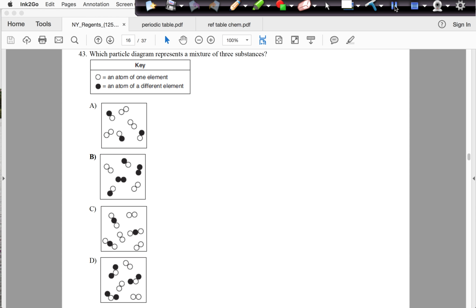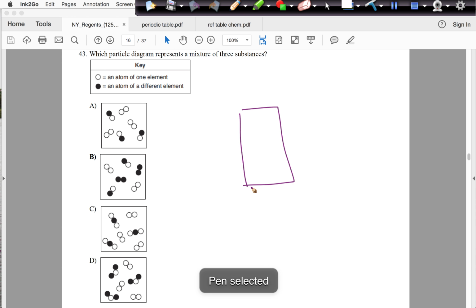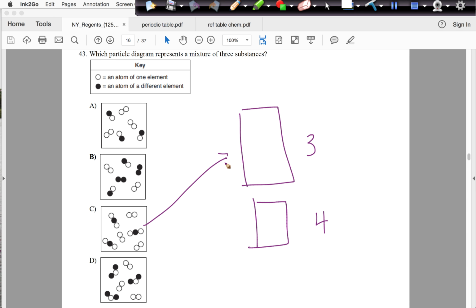For number 43, it says which diagram represents a mixture of 3 substances? Now on your picture, number 3 and 4 are over here. So 3 is here and 4 is here on your picture.